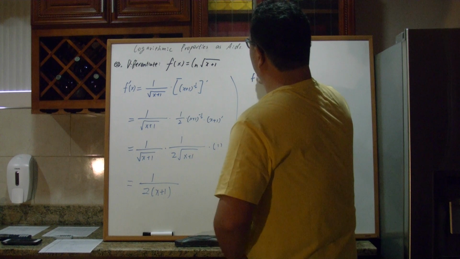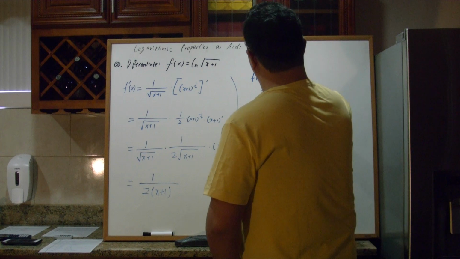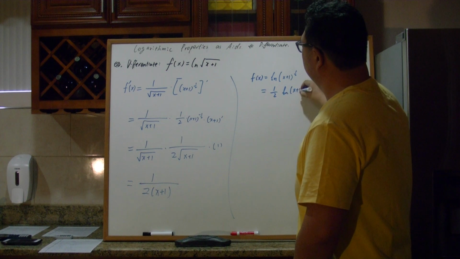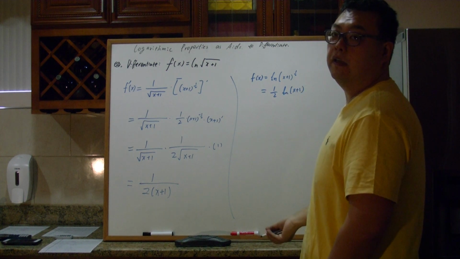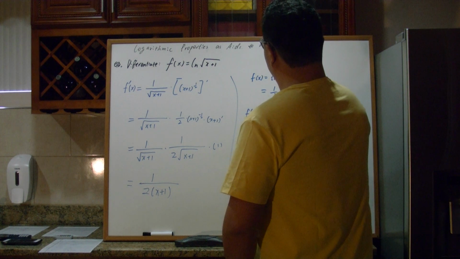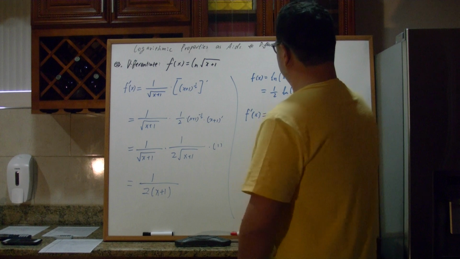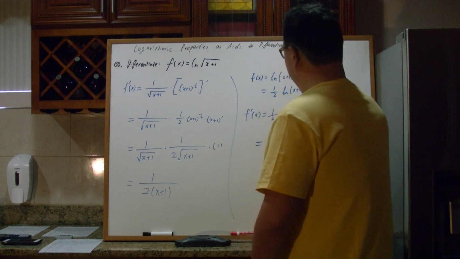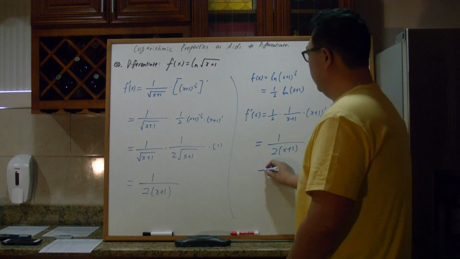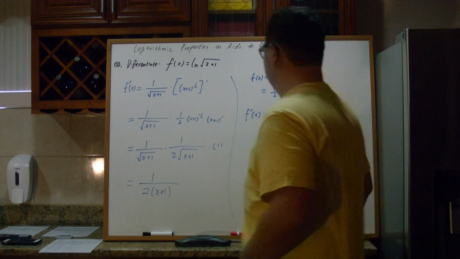If we compare, simplify f of x first: that's natural log of x plus 1 to the half. That exponent becomes the coefficient, using the properties to simplify. Then f prime of x is just 1/2 times 1 over x plus 1 times the derivative of x plus 1. The derivative of x plus 1 is 1, so that's 1 over 2 times x plus 1.